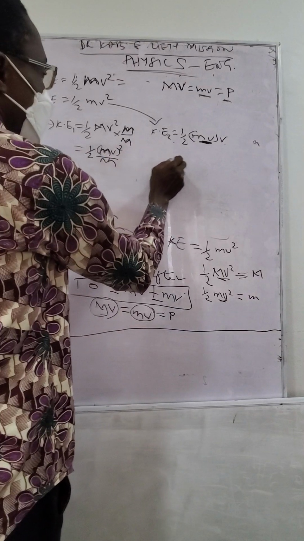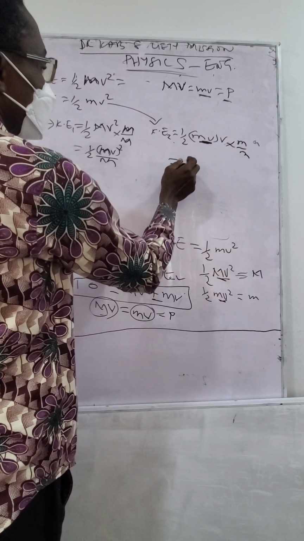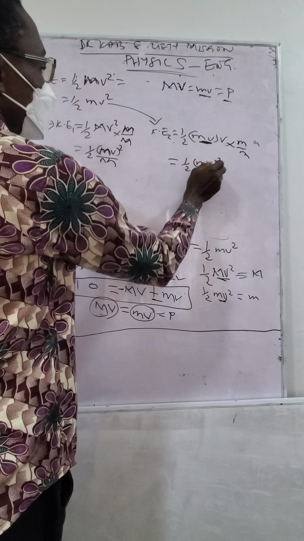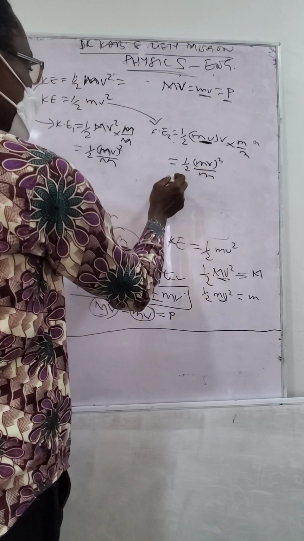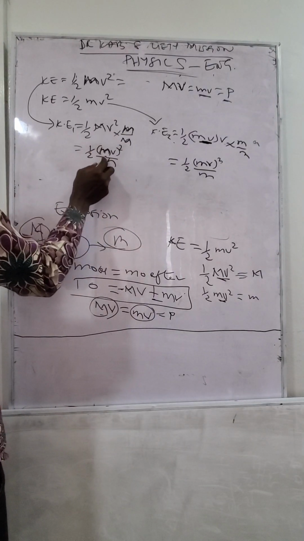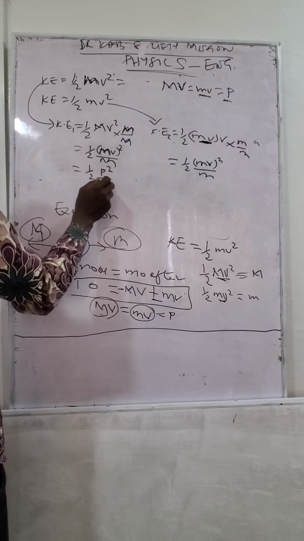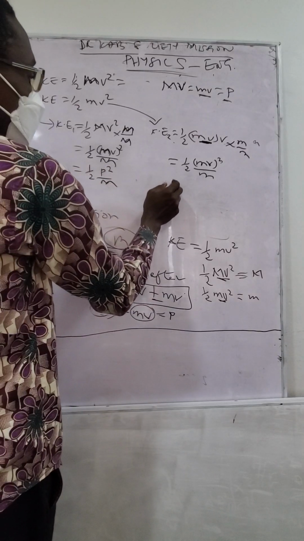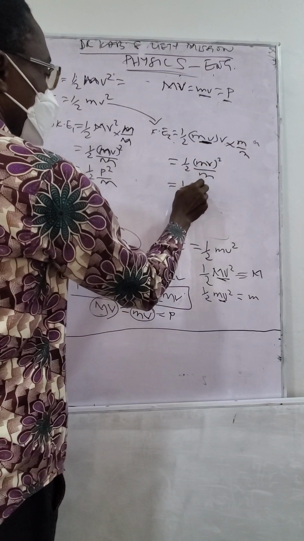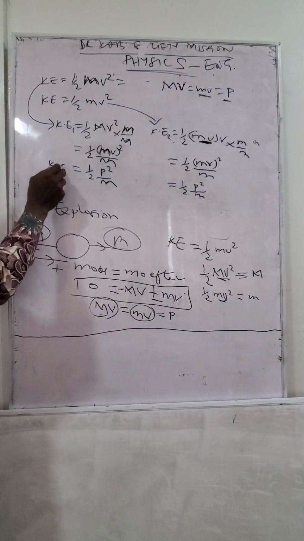Similarly, if we multiply here by small m, we're going to have half m v squared over small m. Of course, we want to eliminate m and we want to eliminate v. That is why we are expressing it like this. So this will come down as half V squared over M, and this is going to give us half P squared over small m. Now this is the kinetic energy, and this is the kinetic energy.